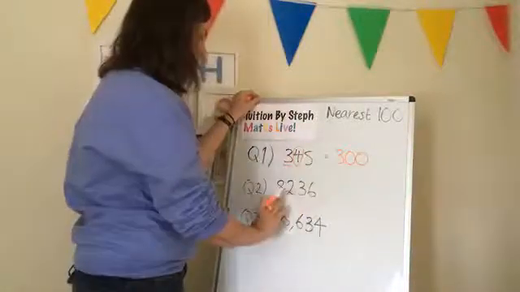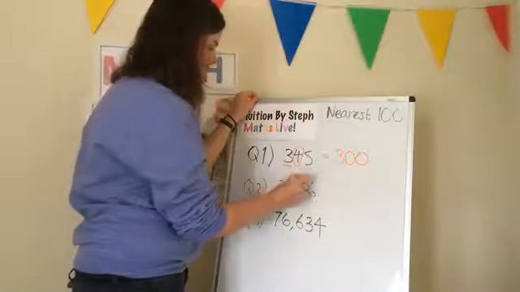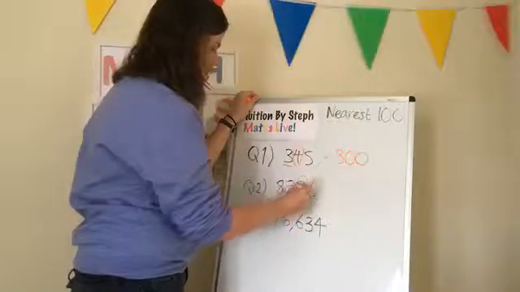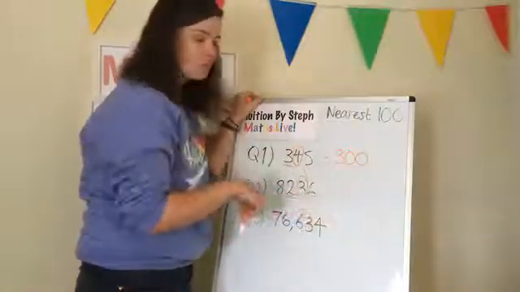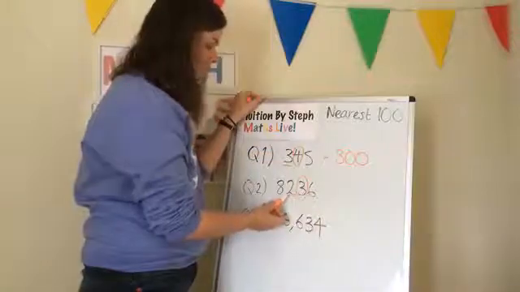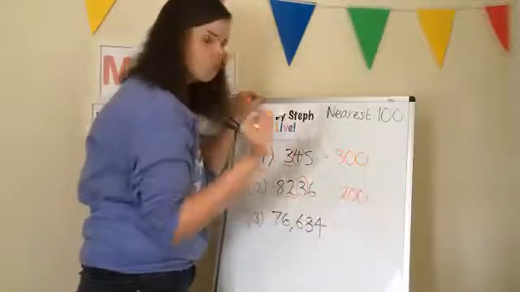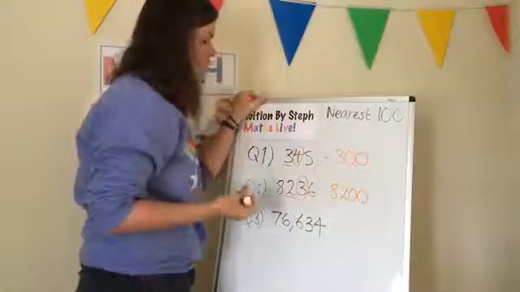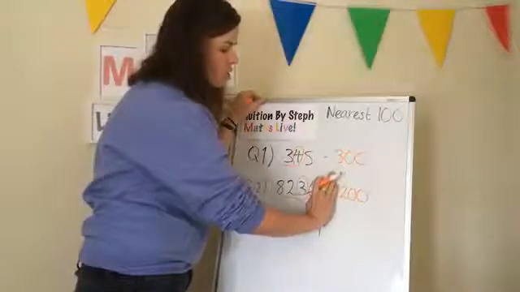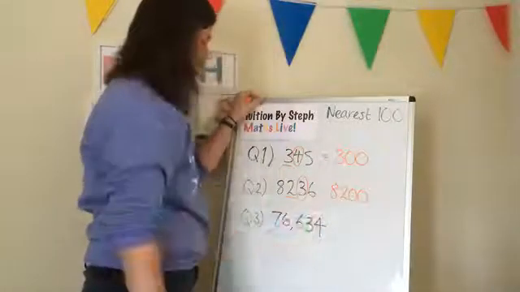Okay. Second question. The 2 is in the hundreds, and the 3 tens tell us what to do. 3 tells us to round down or stick, so we stick in the 200s. But don't forget the 8,000 is still part of that number. 8,236 is not 200 to the nearest 100. You can't forget about that 8,000.